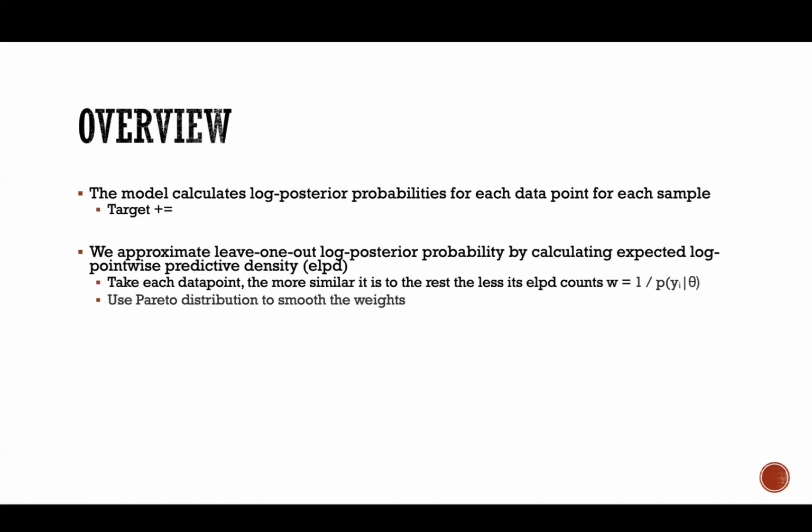So now what we have is, for each data point, a distribution of log posterior probabilities, given all the possible posterior samples. And we have a weight. We can then calculate an estimated predictive performance, the leave-one-out predictive performance of the model, by doing these weighted averages, and combining all the posterior samples and all the data points.